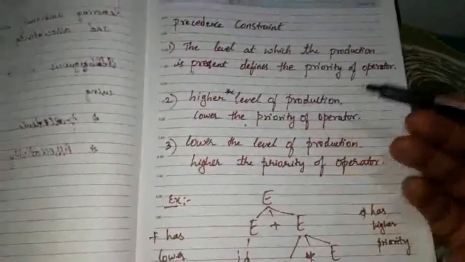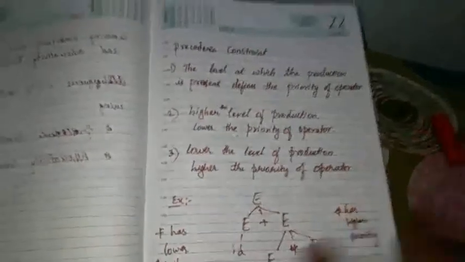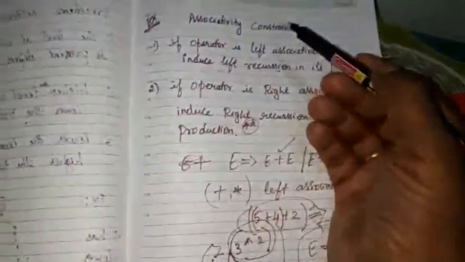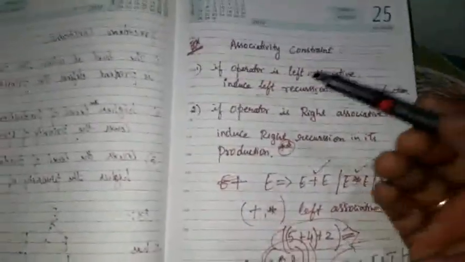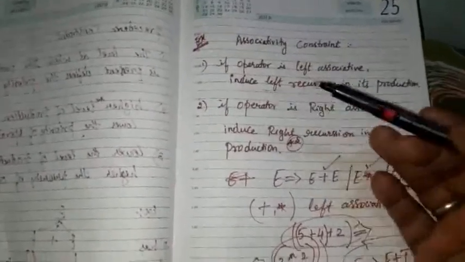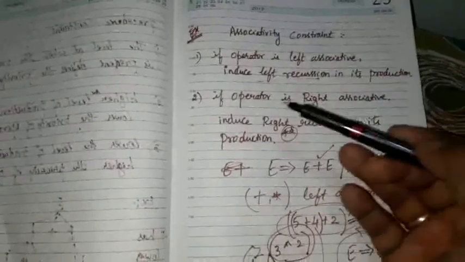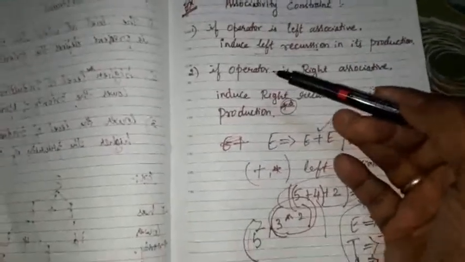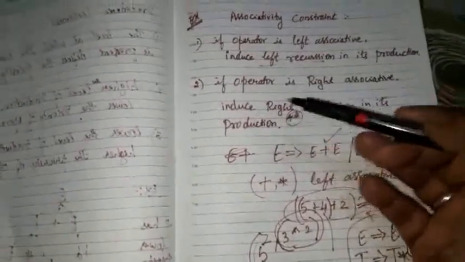So that is what your precedence rule says. Higher the level, lower the priority. Lower the level, higher the priority. Then associativity: if the operator is left associative, induce left recursion in its production. If the operator is right associative, induce right recursion.